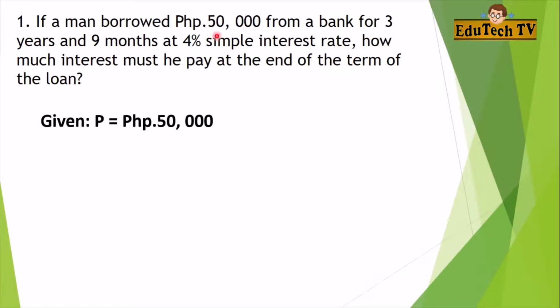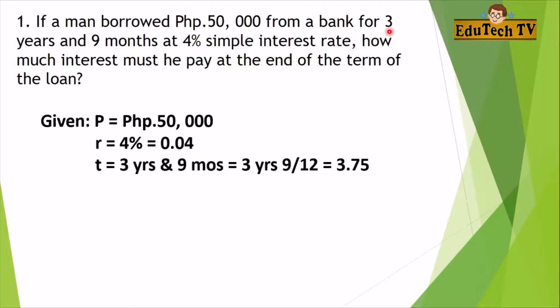The principal amount, the amount being borrowed, is 50,000 and the loan term is 3 years and 9 months. As we said earlier, if this is expressed in months, we have to express it as 9 all over 12, and 9 all over 12 is 0.75. So 3 years and 9 all over 12 is equivalent to 3.75. Our rate is 4%.